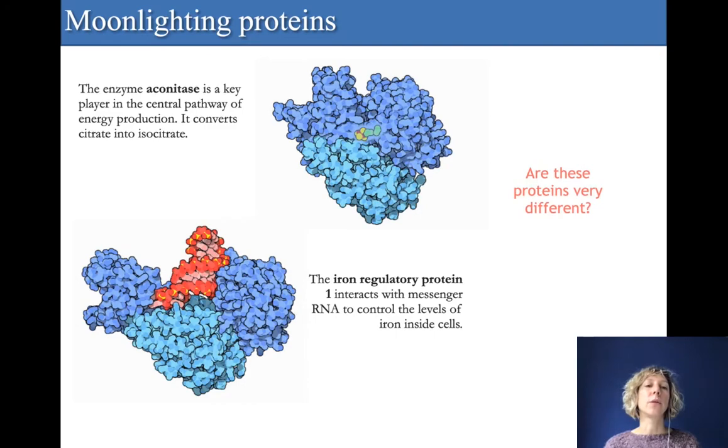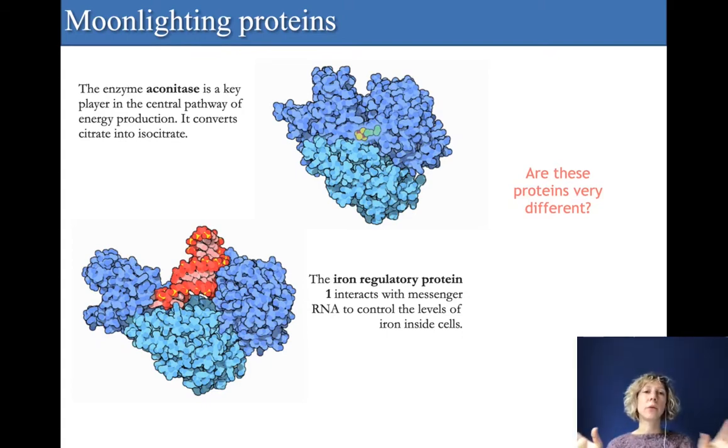So we have two different partners, right? A small chemical compound on top, and RNA at the bottom. We have different shapes. But if we look closely, what we realize is that these two proteins are in fact the same protein. You just have the top domain in blue, which is closed on top, and then open at the bottom. So it's just one protein performing completely different functions in different contexts.